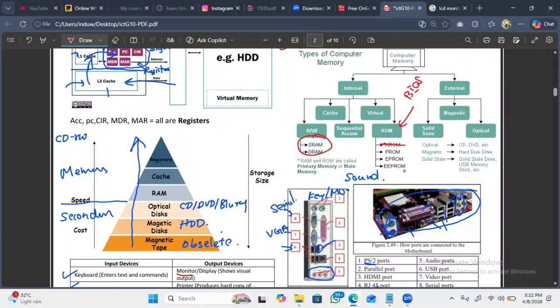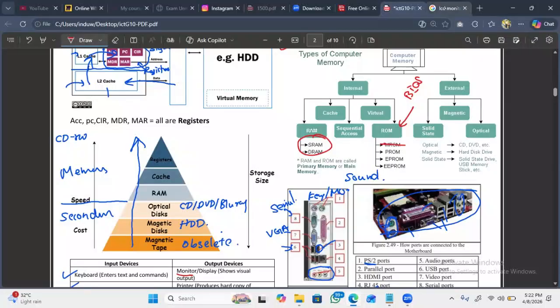So we have PROM, EPROM, EEPROM. You should know the full forms. PROM means programmable ROM. EPROM means erasable PROM. EEPROM means electrically erasable programmable ROM. You can write it down. Nothing big to discuss in detail.